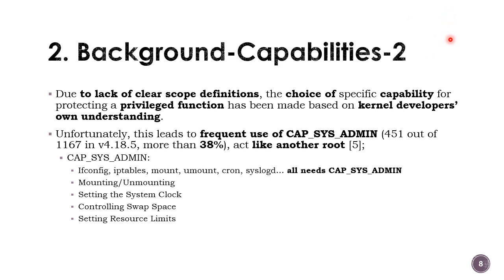So now that we know what capabilities are and why we need them for access control, we still have tons of issues to face. Firstly, the Linux kernel community really doesn't have a clear scope definition about the choices of capability labels and when to use which one. The privilege functions defined in the Linux kernel source code are really subjective, depending on the kernel developers' own understanding of which capability label to use.